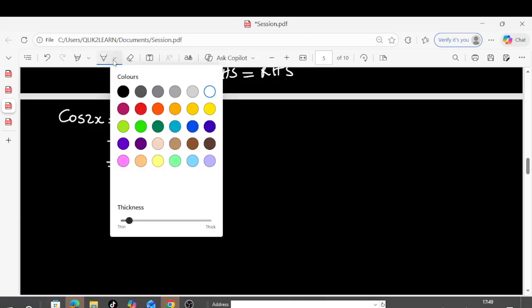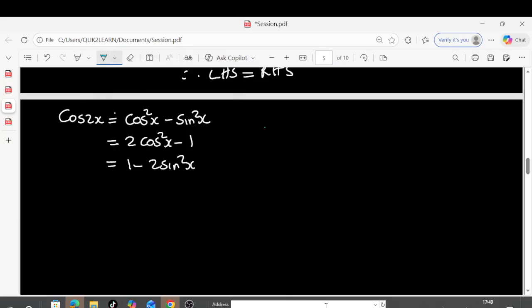Listen very carefully. So this one, we're going to use it if you ask yourself, what do you see before or after the cos 2x? That's what you need to ask yourself.